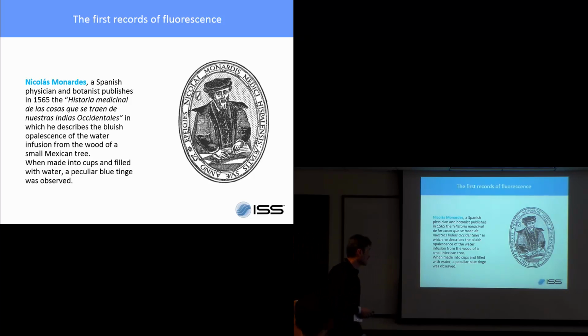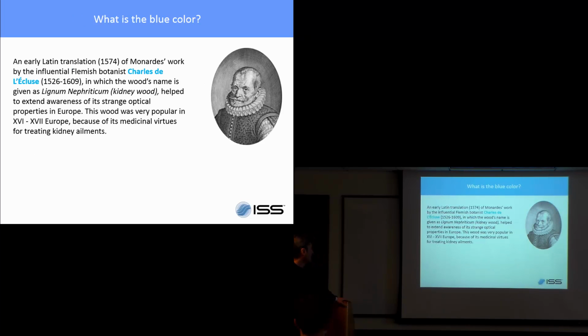And so this raised the curiosity of these people who brought it back to Europe. And Charles de l'Écluse gave it the name of Lignum nephriticum, or kidney wood, because apparently it was helping some diseases that were related to the kidney.